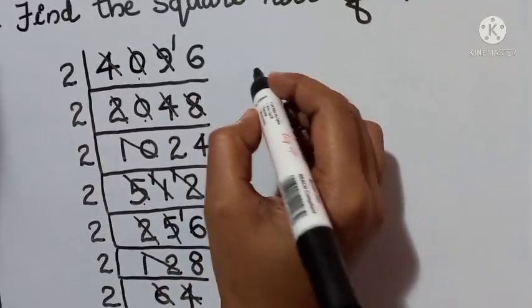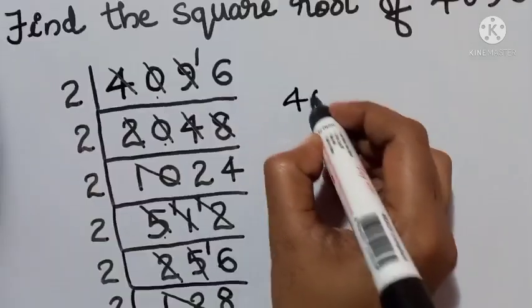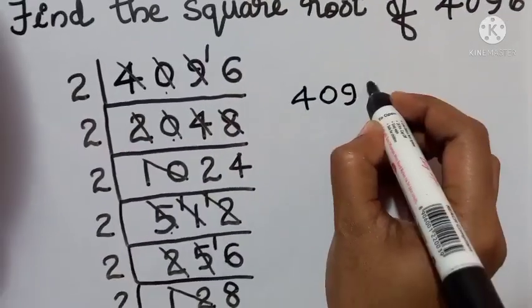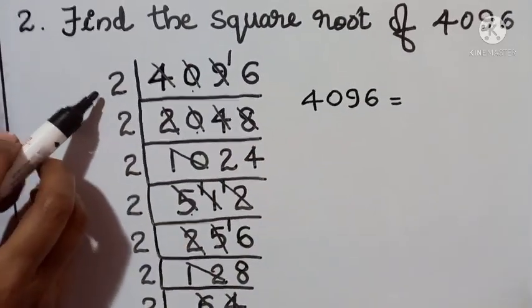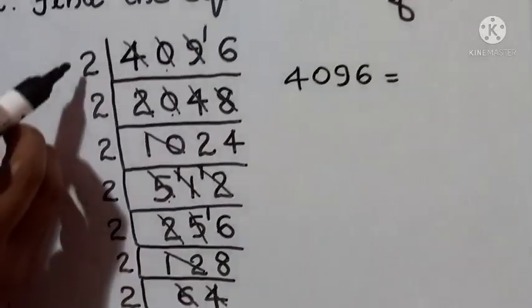Okay. Then next step we have to write this 4096 as the product of its prime factors. Here we can count the number of 2's. Only 2 is the prime factor.